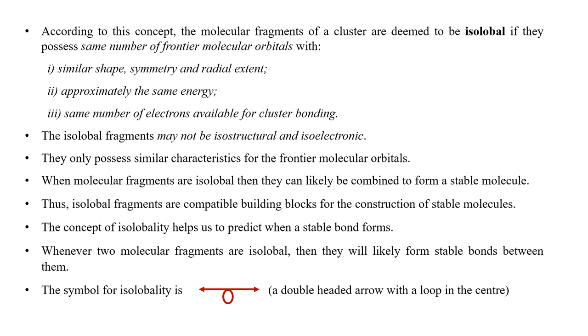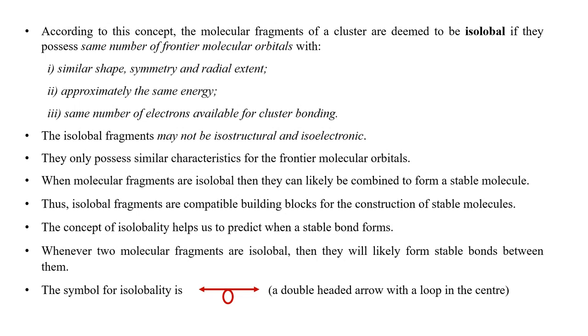So, according to the concept, in order for two molecular fragments to be isolobal, their frontier molecular orbitals should have similar shape, similar symmetry and radial extent, should have approximately the same energy, and should have the same number of electrons for cluster bonding available for forming a bond between each other.